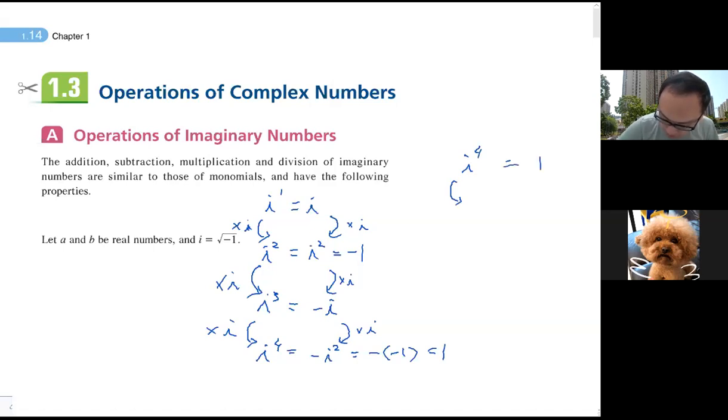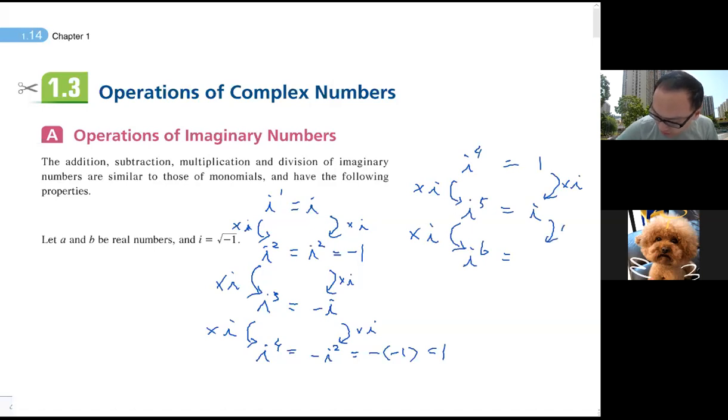And then multiply another i to both sides of the equation, I got i to the power 5. And then the right hand side, 1 times i is just i. And then the other i, it becomes i to the power 6.